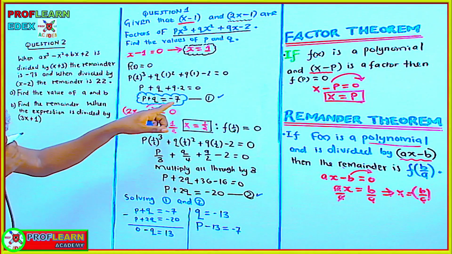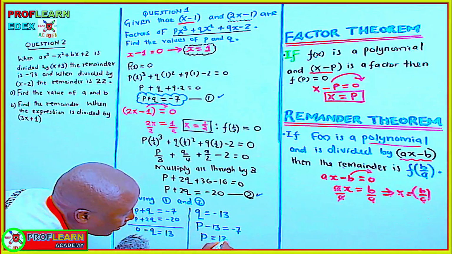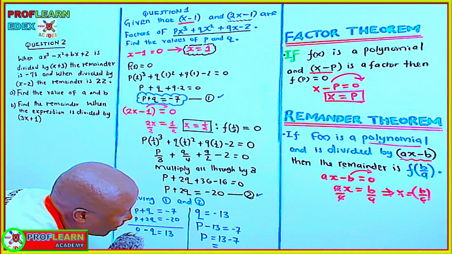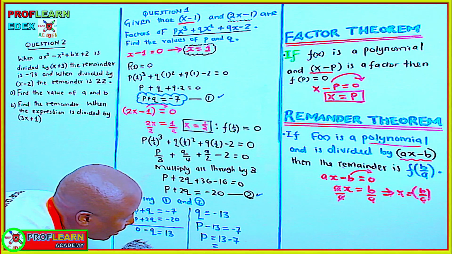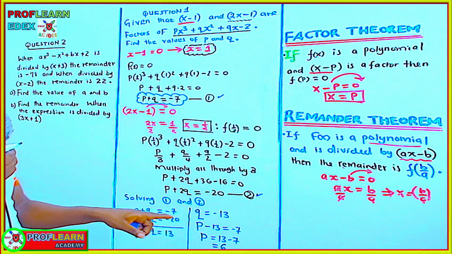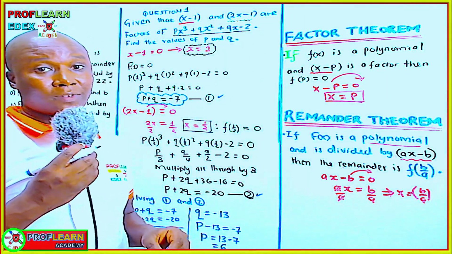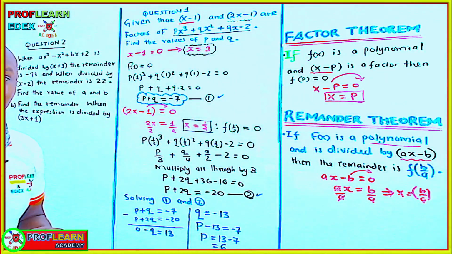So whatever we have here, we can say now our p is equal to 13 minus 7. So if you subtract the two, you are going to get your answer, which is 6. So p is 6 and q is actually equal to negative 13. So basically, that's what you are supposed to do.